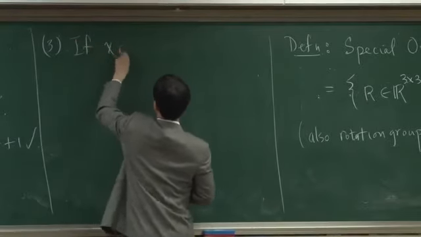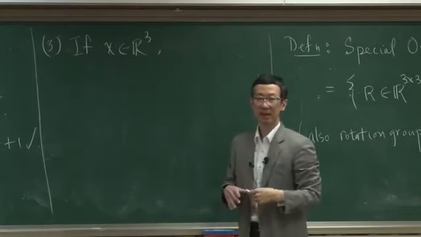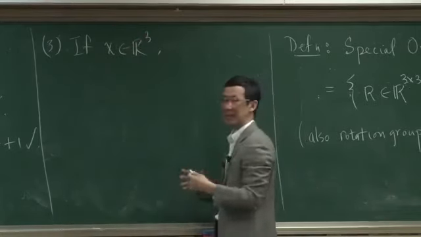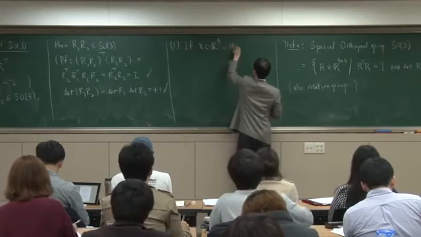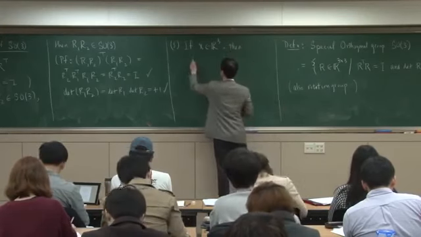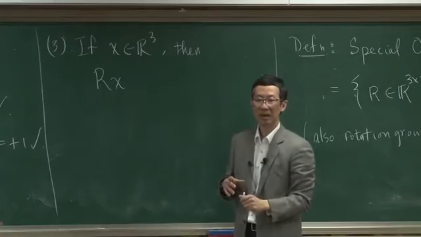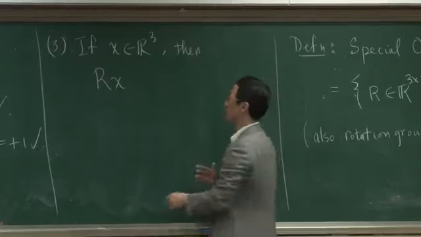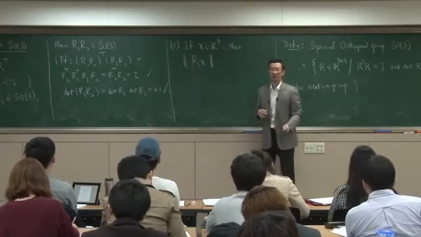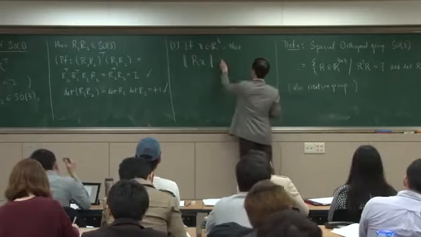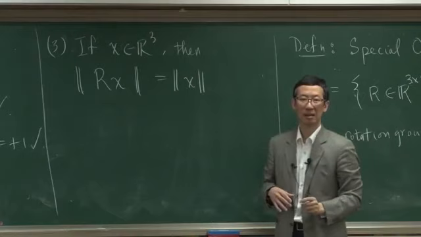If X is a three-dimensional vector, and I multiply X by some rotation matrix R, so if I take R times X, that's going to be another three-dimensional vector, and I take its length, this is also going to be the same as the length of X.